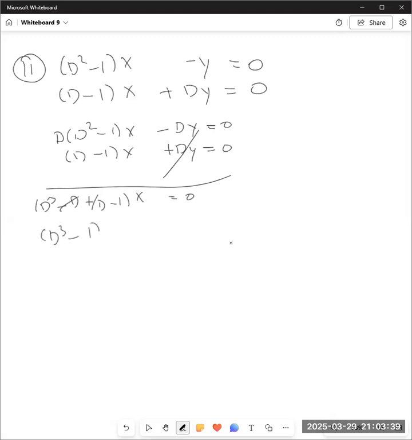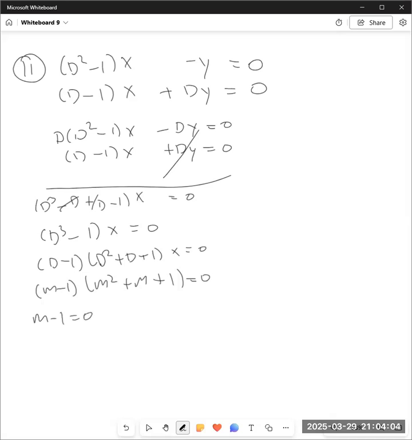D cubed minus 1 x equals 0 is the same thing as D minus 1 times D squared plus D plus 1. That changes into m minus 1 times m squared plus m plus 1 equals 0. We have m minus 1 equals 0, so m equals 1. Then m squared plus m plus 1 equals 0, so m squared plus m equals negative 1.